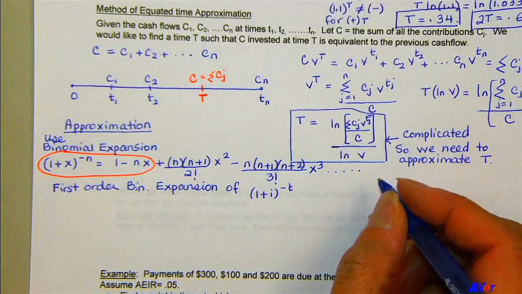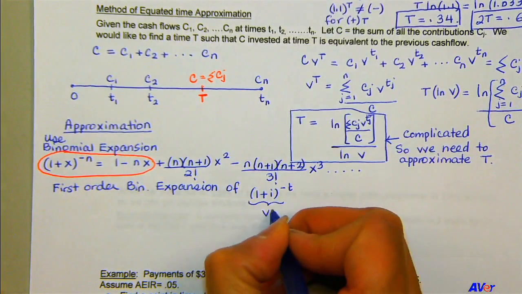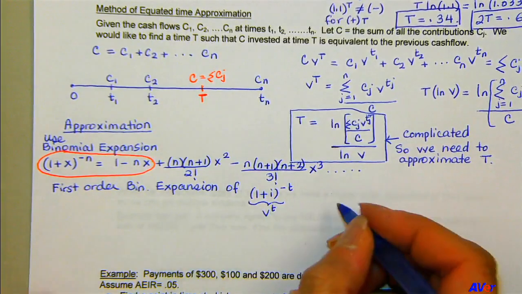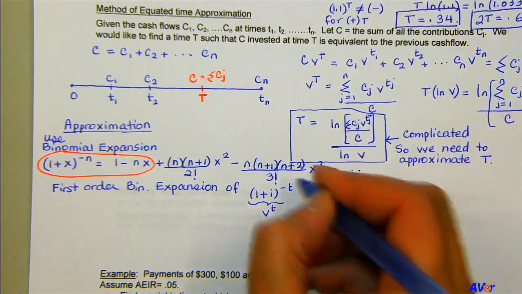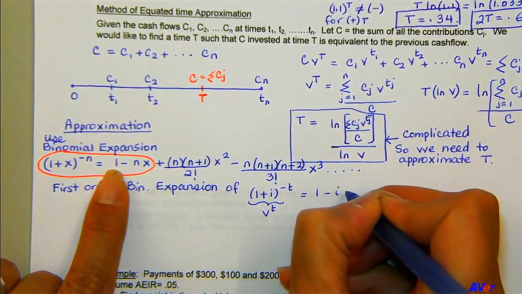So that's the same as (1 + i)^(-t). So let's label that v^t. (1 + i)^(-t) is equal to, and I'm using this right here, 1 - it.